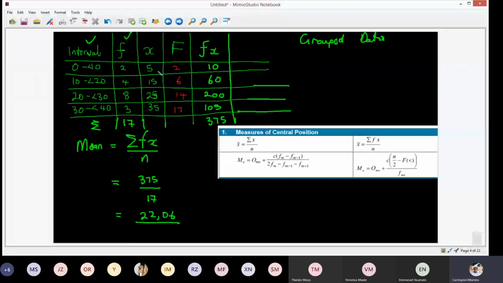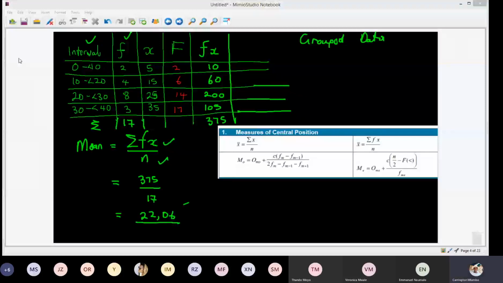Then you find fx, which is your frequency times the midpoint x, which gives you 10. Then you find the totals at the bottom. Then the summation of fx, the total for fx, over N. Then you get your mean. That's how you calculate your mean. I'm not going to erase that. I will leave it there.